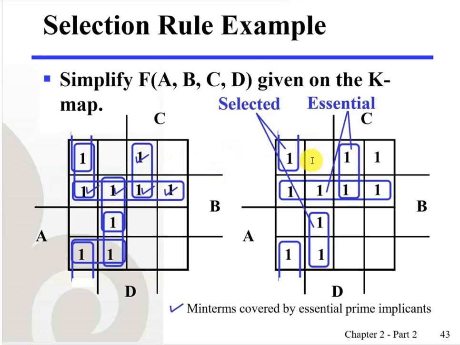So in this case, we find all prime implicants and essential prime implicants. In this example, there is some overlap among prime implicants. So we want to minimize any overlap among all prime implicants as much as possible, and make sure that each prime implicant selected includes at least one minterm which is not included in any other prime implicant which is selected.